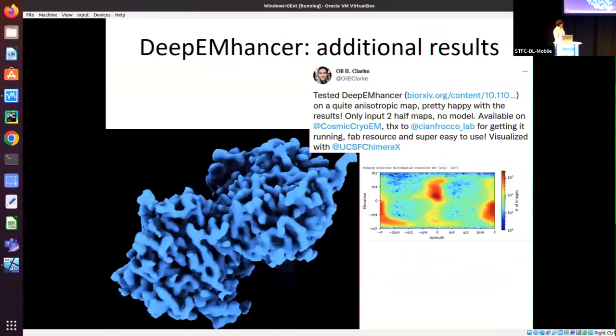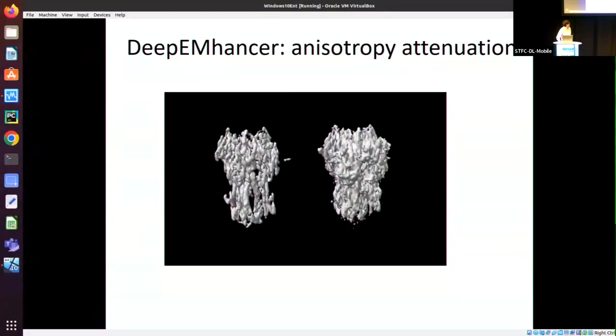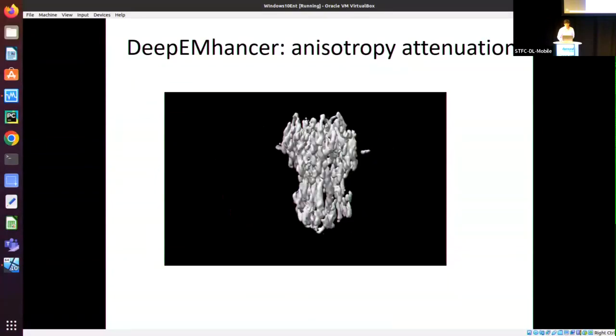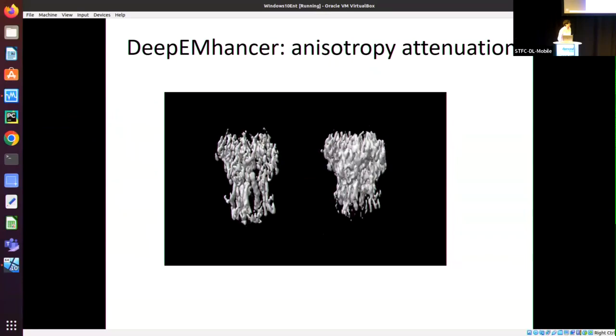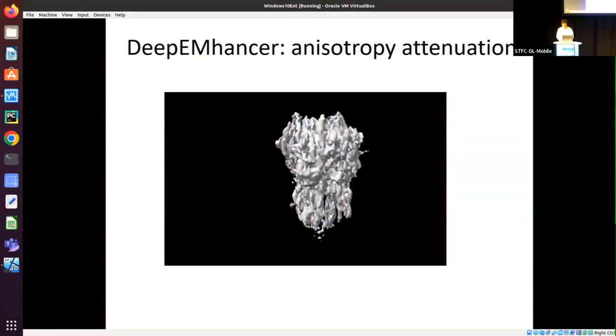And from the particle angular assignment distribution, you can see that the map indeed suffers from preferential orientations. So that's something very interesting. And we have just checked in many other cases, and this is the famous hemagglutinin case. And indeed, it looks like it is dealing with this anisotropy.